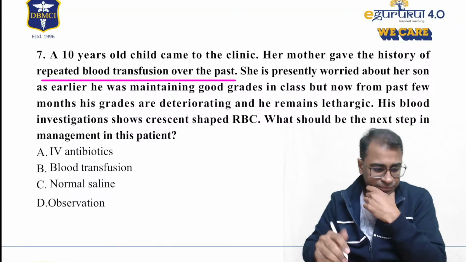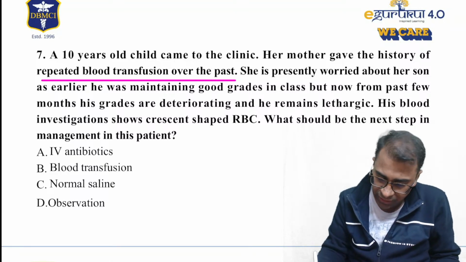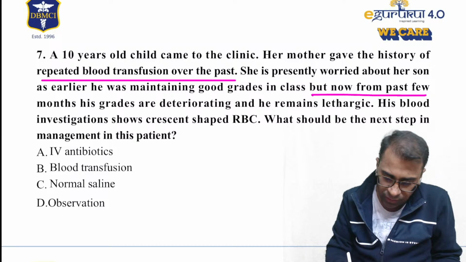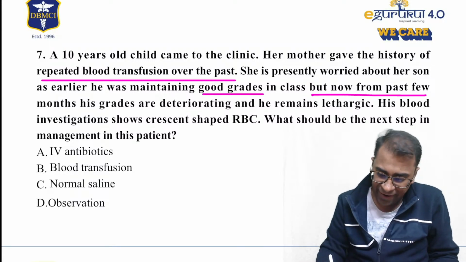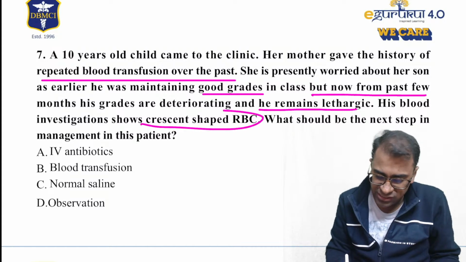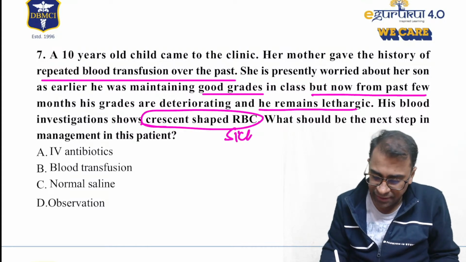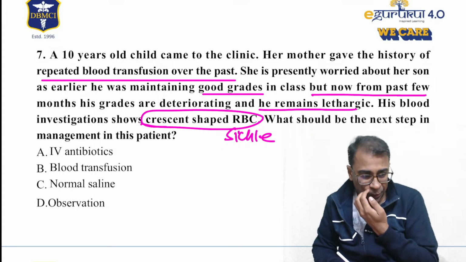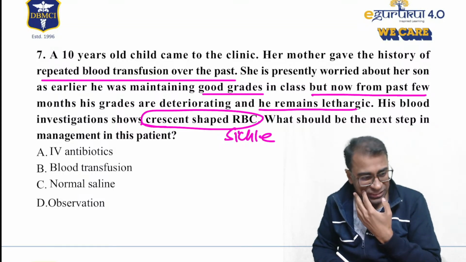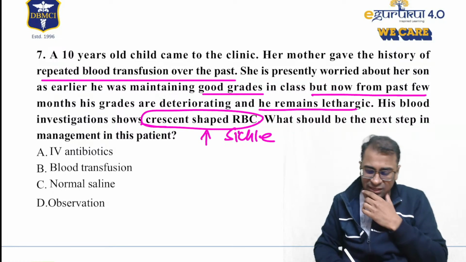The patient has been maintaining good grades, but now for the past few months her grades are deteriorating and she remains lethargic. Crescent shaped RBCs, what does this mean? It's sickle cell anemia. So what to give?